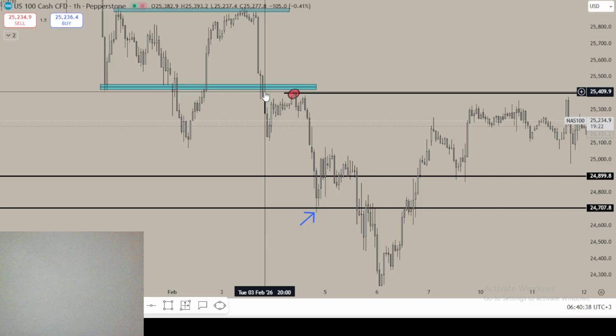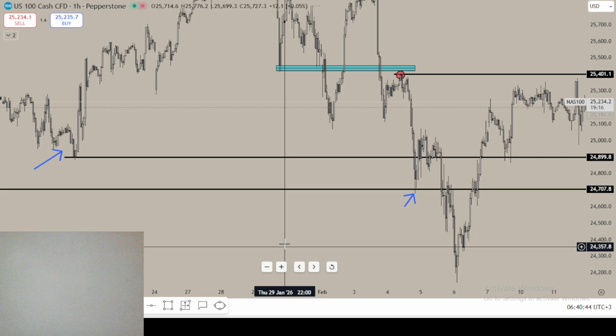So I executed sales at this area and I put my stop loss around here, and I knew that price was going to sell to this level down here. So I risked 25% and look at what happened.